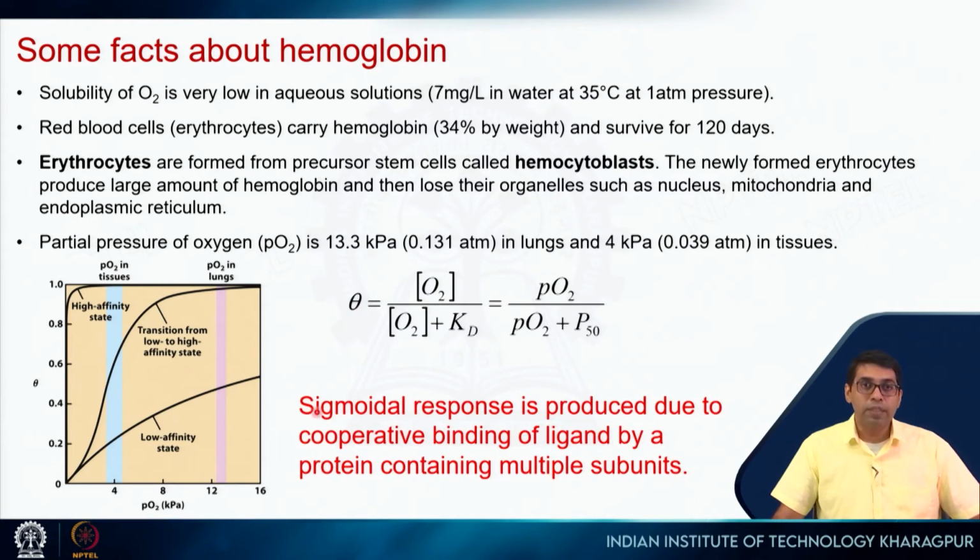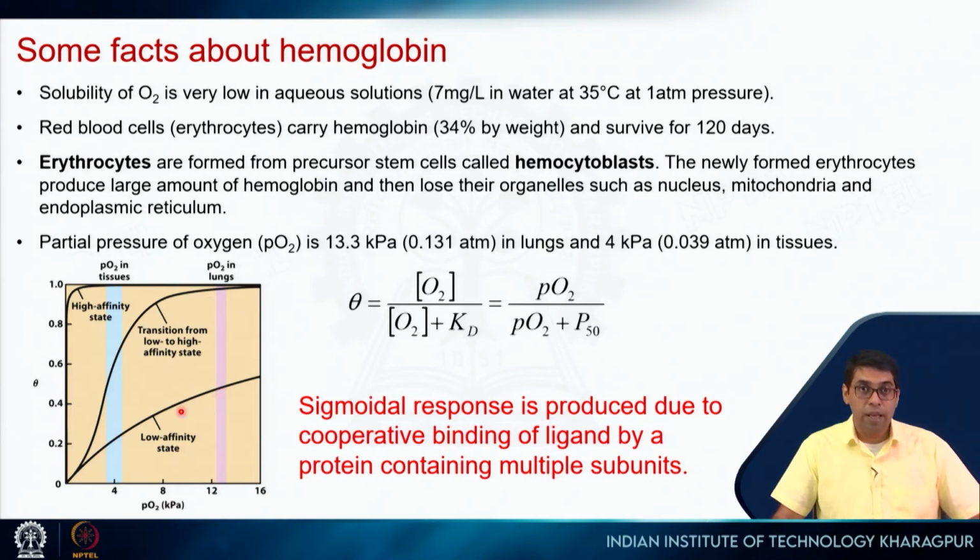Now, if my Kd or P50 is low, then my binding curve will look something like this, and if my Kd or P50 is high, then it will look like this. This is the partial pressure of oxygen in lungs, and this is the partial pressure in tissues. If the affinity is low, then our theta will be somewhere here.